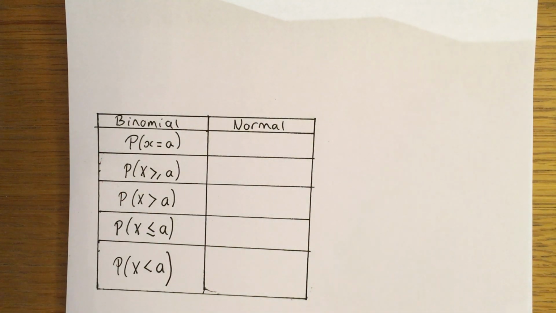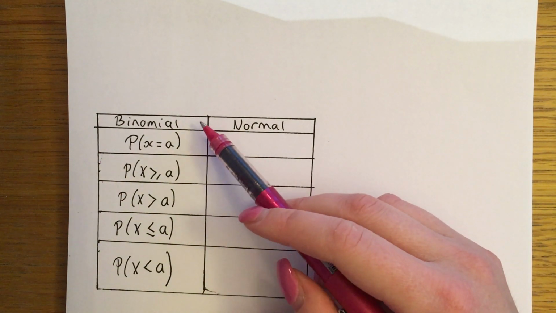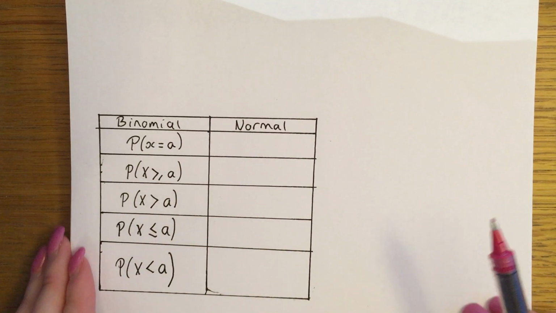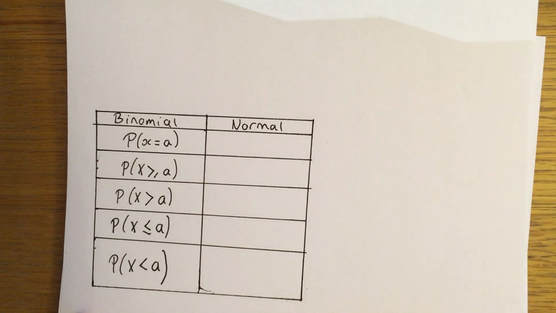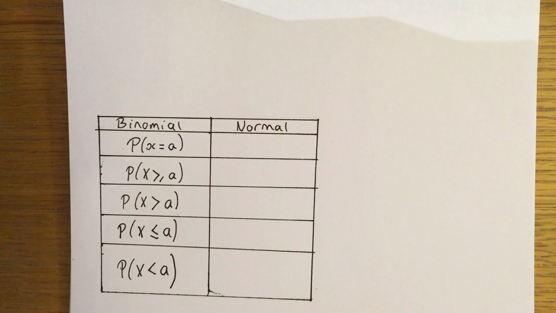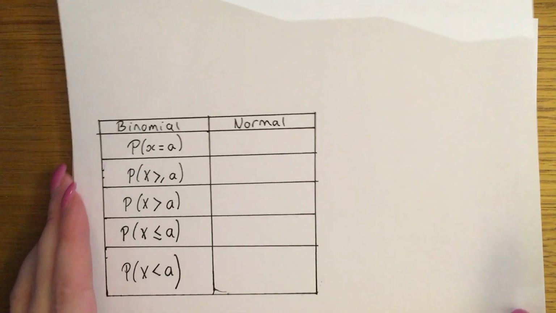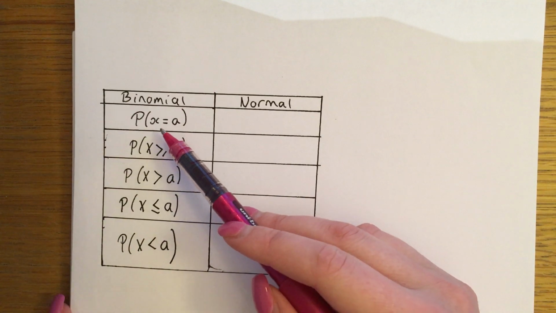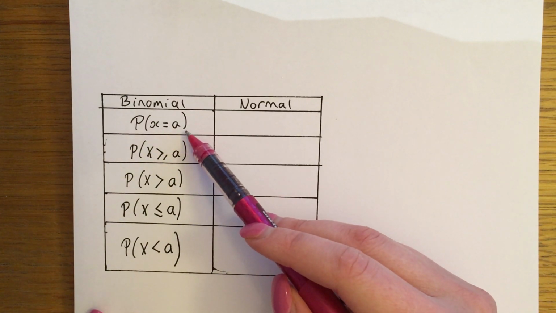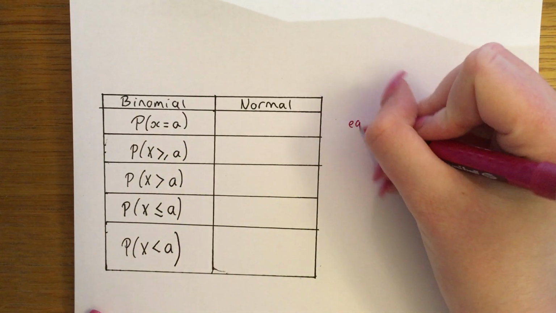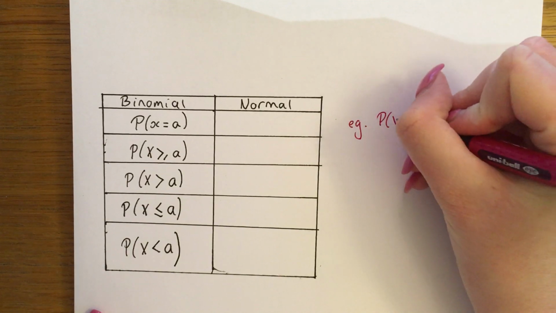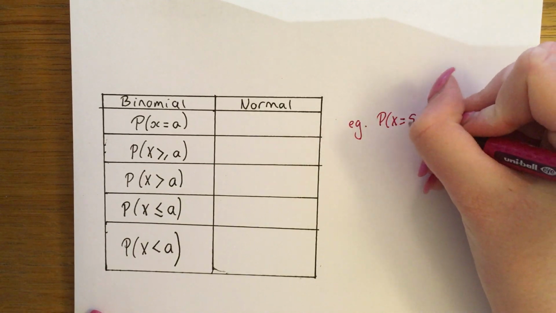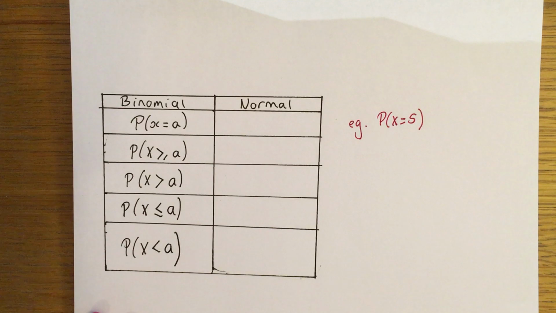So, with anything for a binomial, when you do the normal, you've got to think of it in terms of lower and upper bounds. So, I want the probability in my binomial that x is equal to a. Well, let's say I wanted the probability that x is equal to 5 on my discrete random variable.